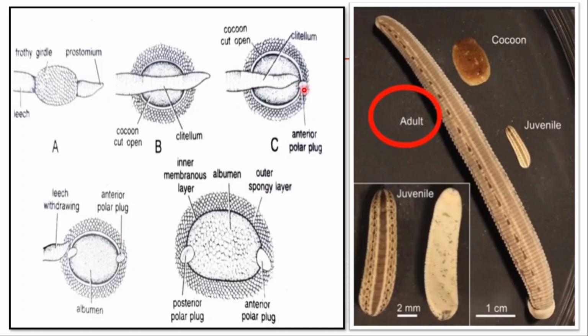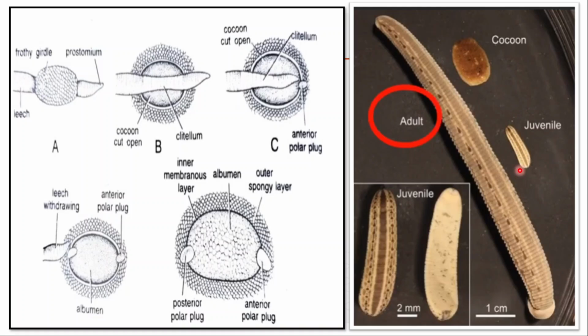See the diagram we previously studied in the previous slide, and see the colorful diagram. Here is the brown colored cocoon, and after an incubation period of 15 days, the juvenile emerges. Juvenile means the young animal which hatches from the cocoon, and there is no metamorphosis.